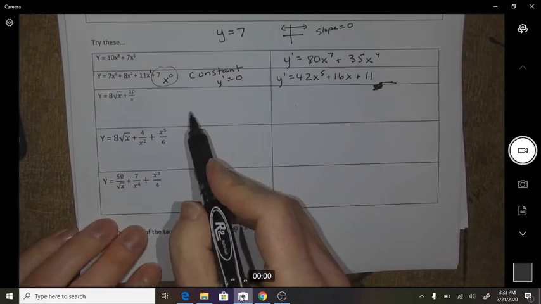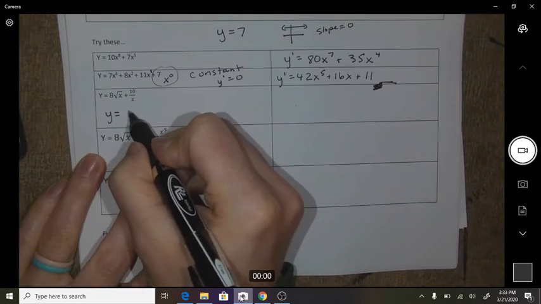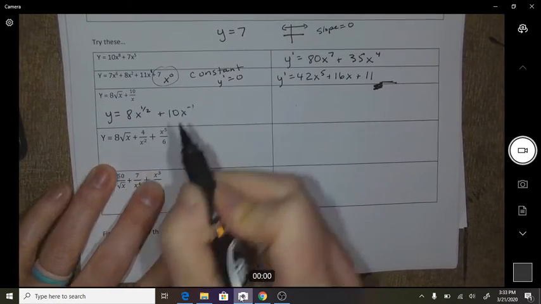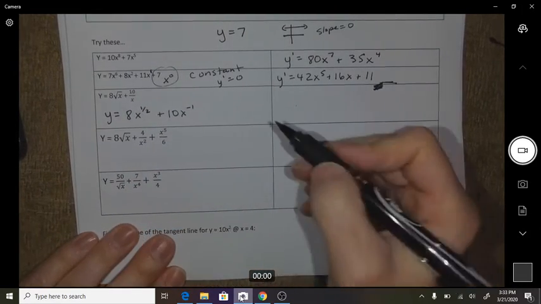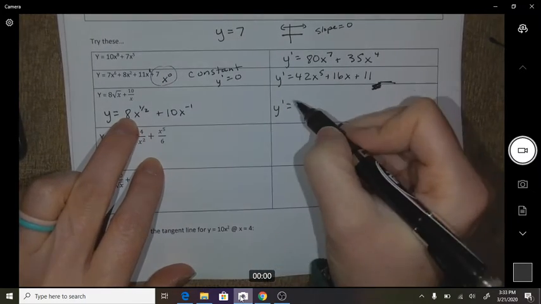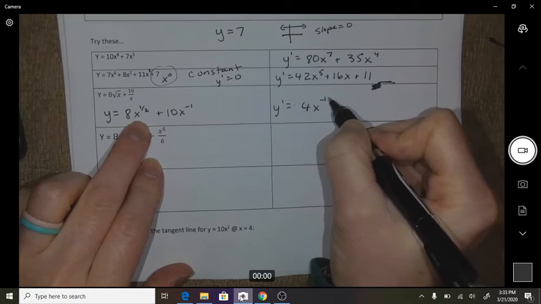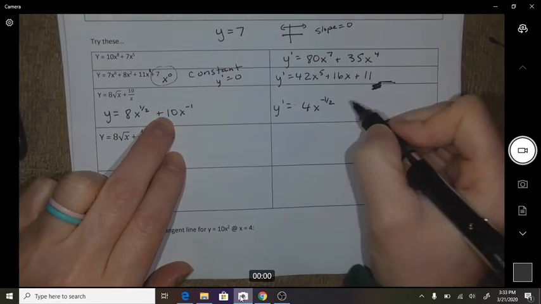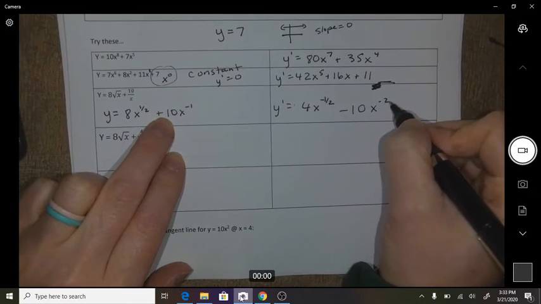Okay, so this one I left you room here because I think you should rewrite it before you derive it. Okay, so that's just rewriting. Now if I derive it, I get that multiplies to 4, and 1 less is negative a half. Multiplies to negative 10, exponent negative 2.